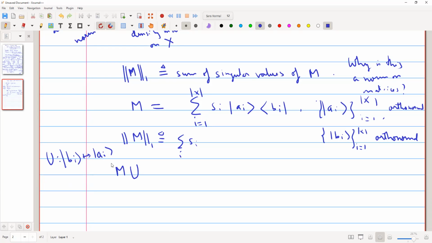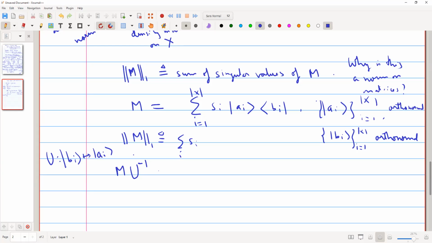Now, let us see what it does. Actually, what is the inverse? The inverse of this will send A_i to B_i.